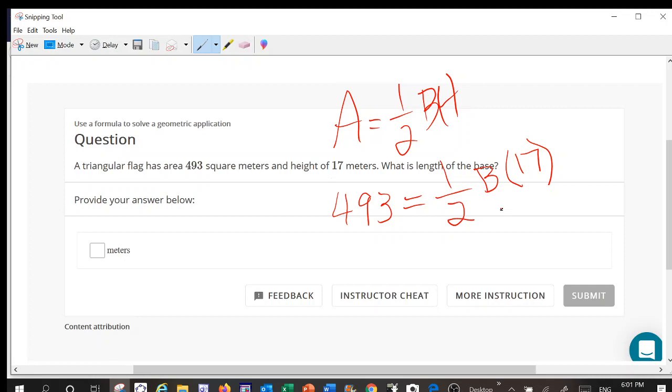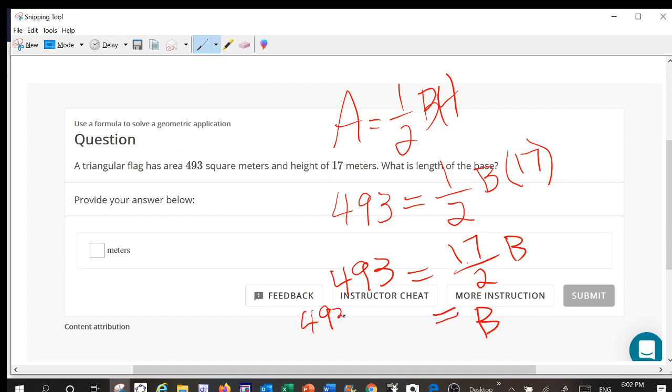So here this would be just 17 over 2, b equals 493. So b has to equal 493 multiplied by 2 over 17, right?